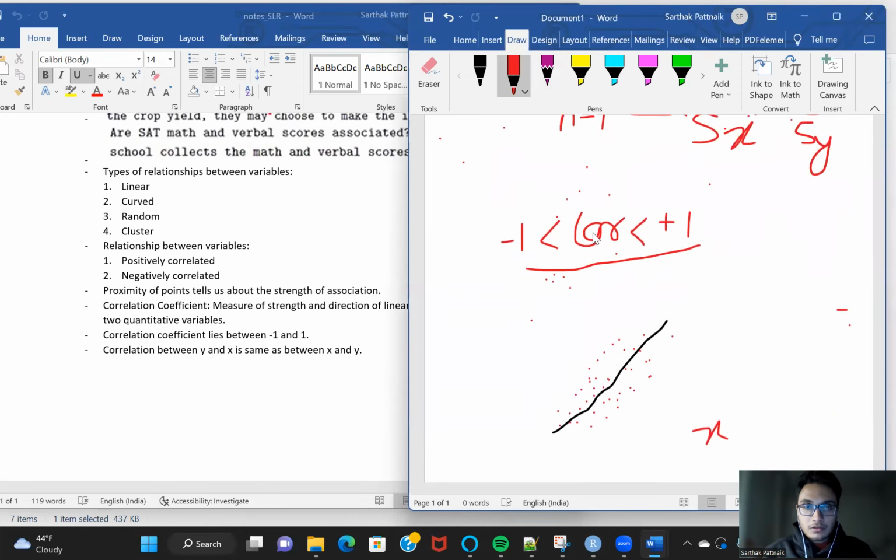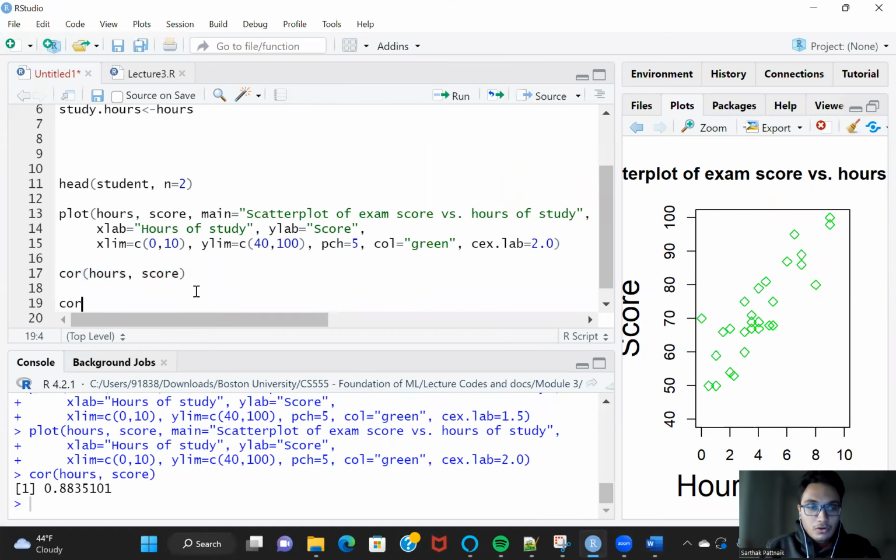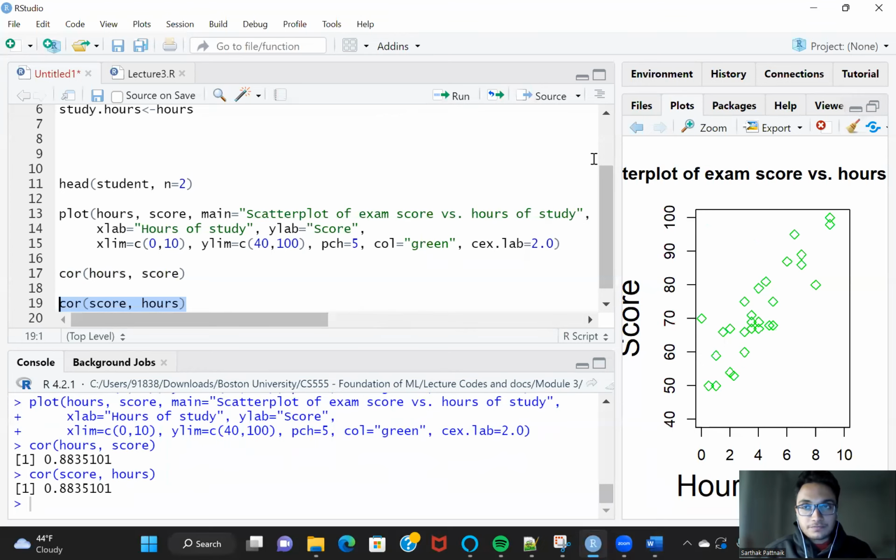Now, my correlation between y and x is the same as that between x and y. So in your cor function, if you give cor of score, hours, it will yield the same result.